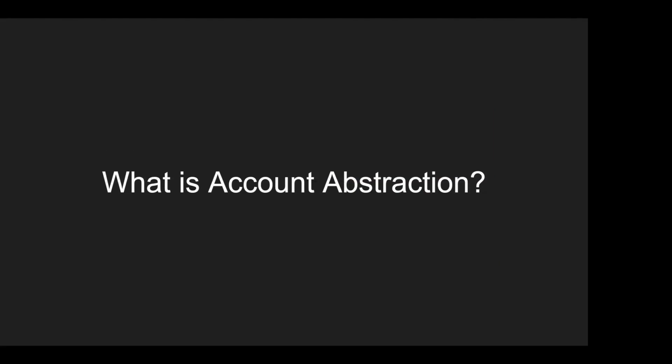First of all, it's good to note what account abstraction actually is. Account abstraction is a goal in Ethereum to move away from EOA accounts, accounts controlled by private keys, and to incentivize smart contract wallet adoption. Specifically, we're trying to allow smart contracts to initiate transactions.